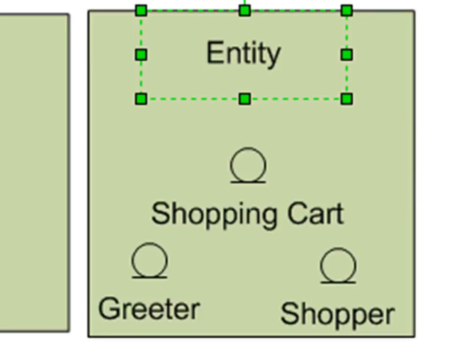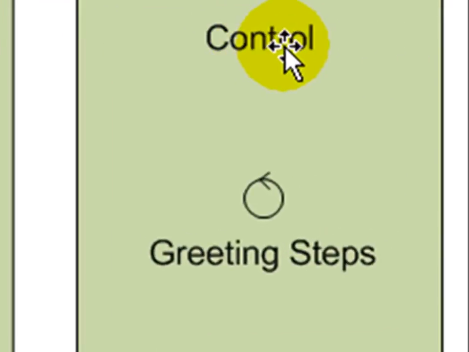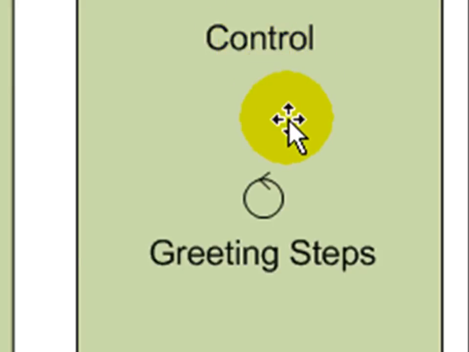In this case, the business things that really are involved in the process are a greeter, a shopper, and a shopping cart. And then there are control objects. These are classes that manage how the entity objects interact. So in this particular case, my control classes, the proper steps on how to greet, will keep me controlled.